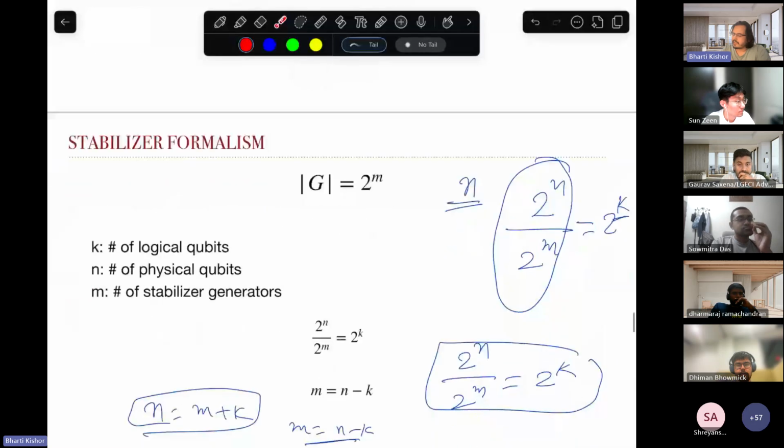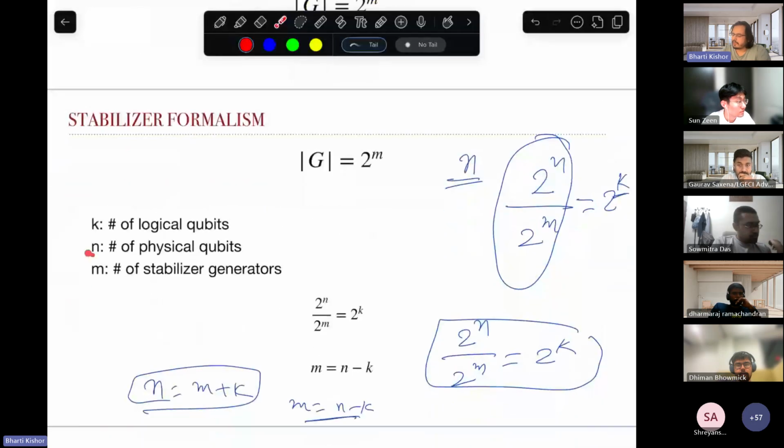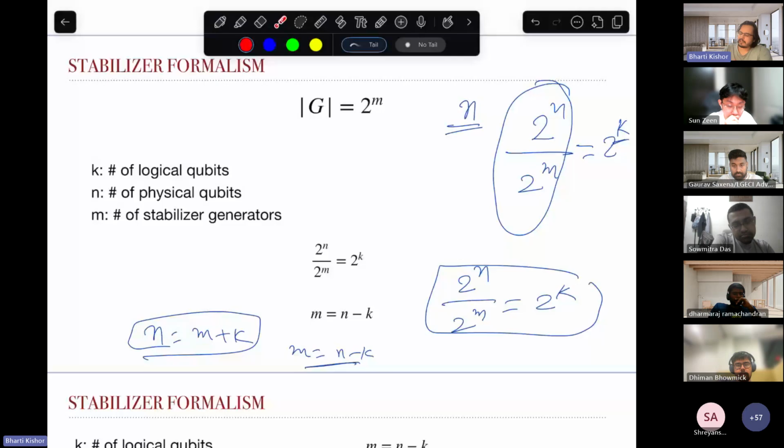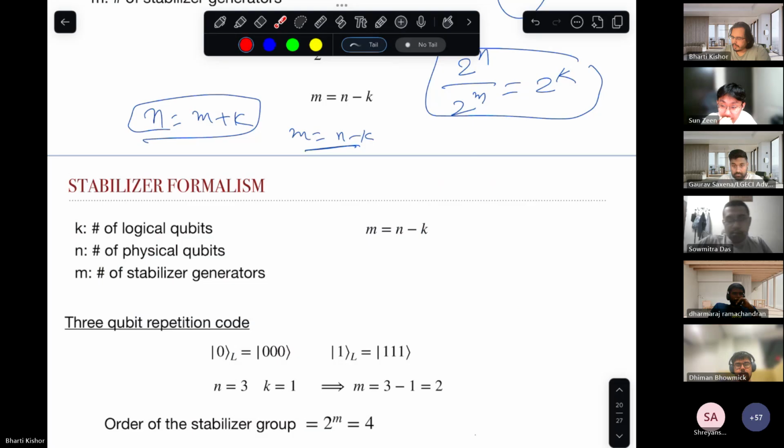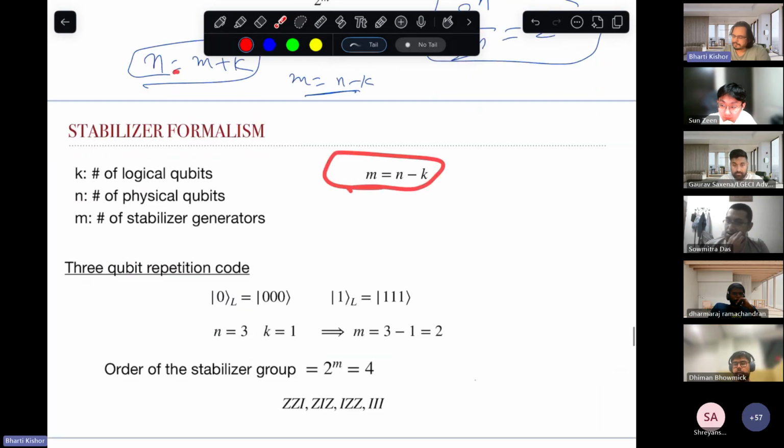And from there we said that if you have n qubits, then the size of the Hilbert space is 2 to the power n, and the size of your stabilizer group is 2 to the power m, and the ratio of these two gives you the size of your code space, and that basically gives you the relation that n equals m plus k. So m is equal to n minus k.